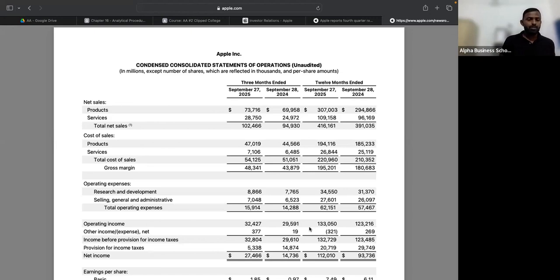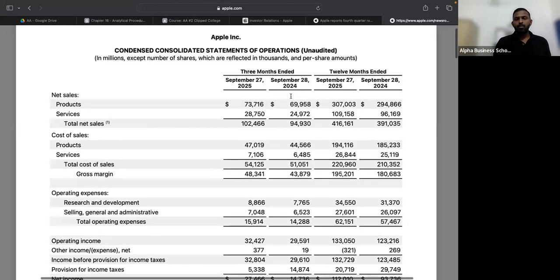The first thing I will go through is this financial statement. It is comparing the quarter ending September 2025 with the quarter ending September 2024.